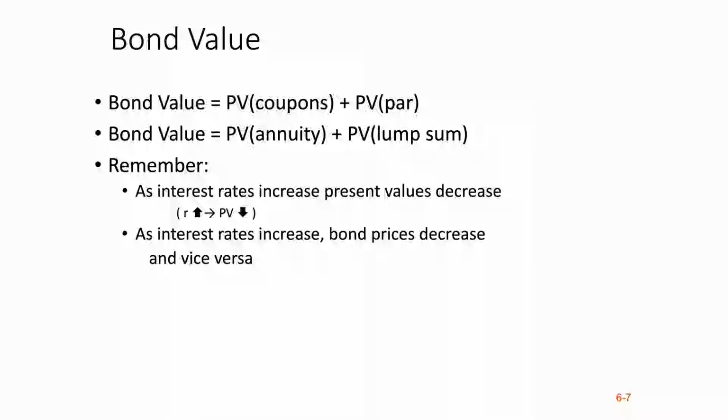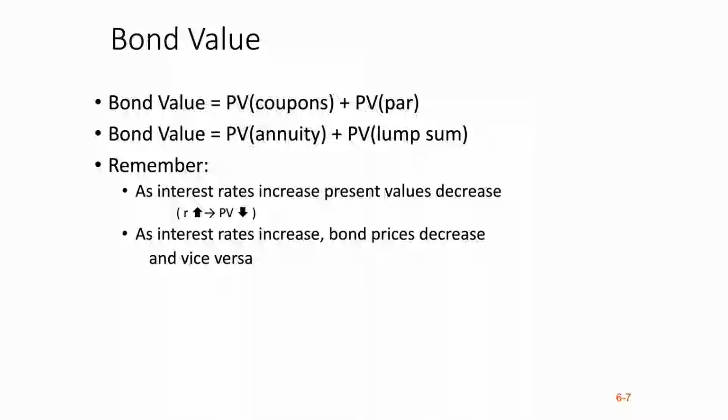So we call it a fixed income security because its interest payment, the coupon payment, is fixed. At the very end, you also have a lump sum payment, $1,000 at par. So add these two together for the future value. What is the present value? The sum of those values is the bond value, or we call it bond price.